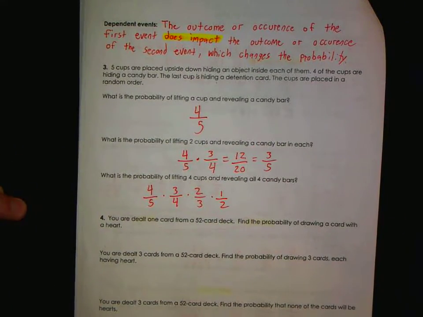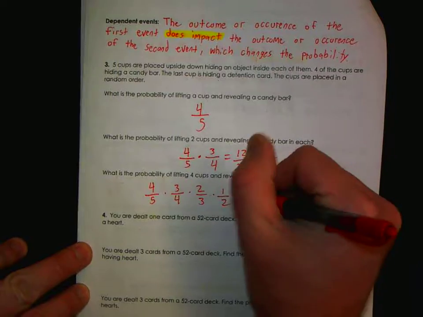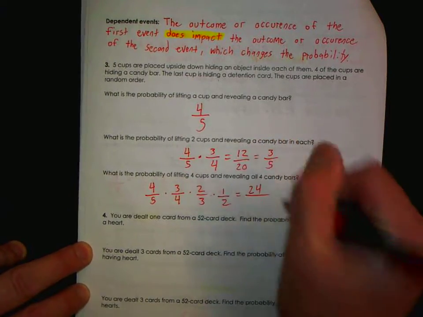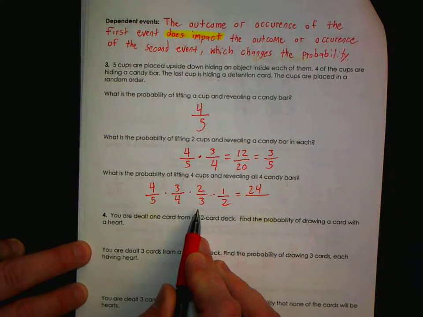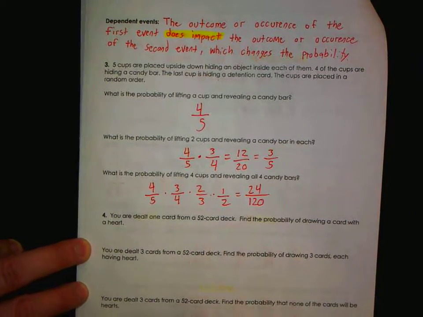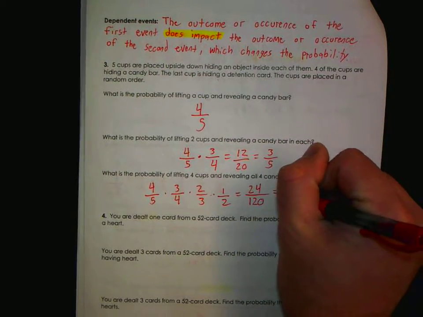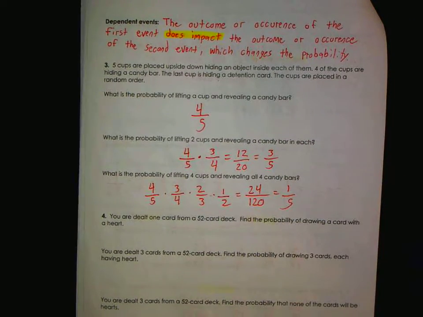One has a detention, one has a candy bar. 4 times 3 is 12, times 2 is 24, times 1 is 24. 5 times 4 is 20, times 3 is 60, times 2 is 120. 24 out of 120 reduces to 1/5. You have a 20% shot of winning. Does that make sense?